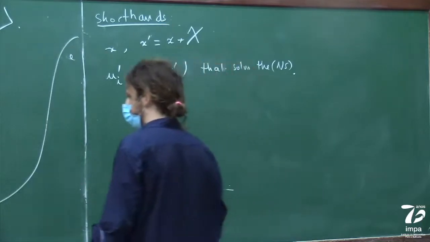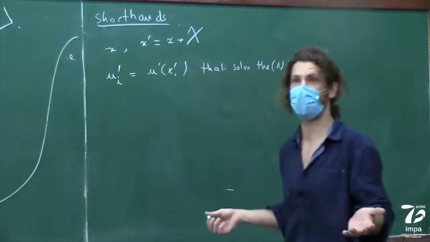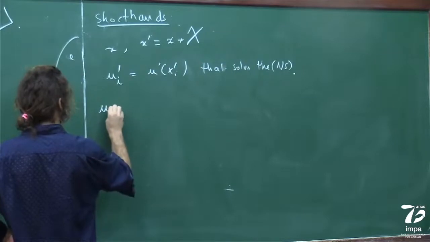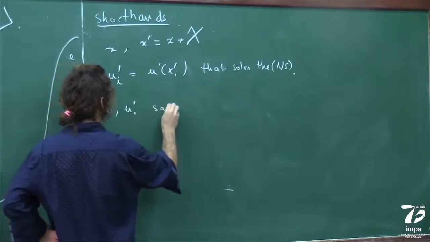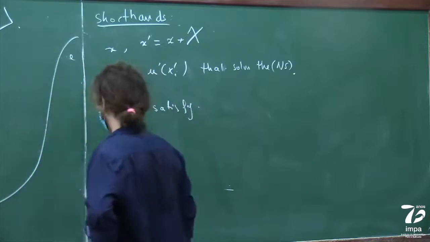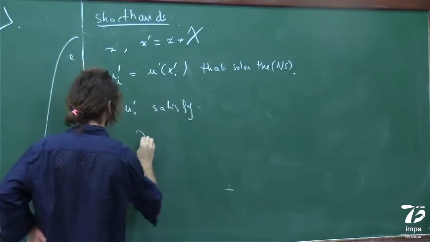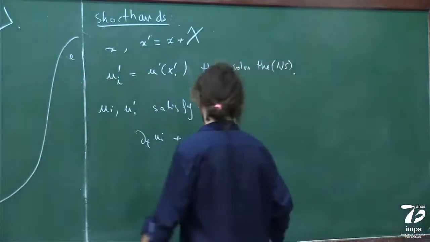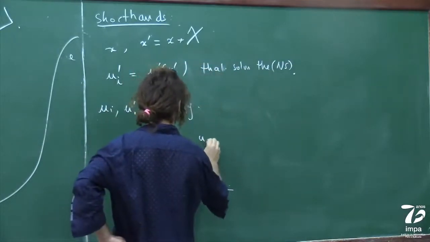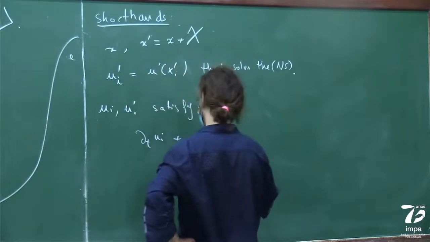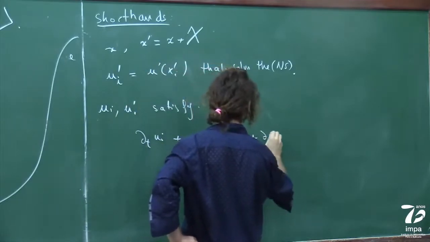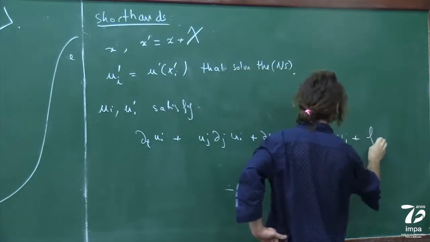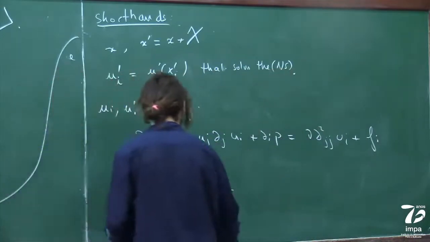And so the starting point is just to write down the equation which is satisfied by both. u_a and u prime_a satisfy the Navier-Stokes equation, which is, for u_a, and I'm using Einstein notation here to be able to make some computation: u_j ∂_j u_i plus ∂_i p equals nu ∂_jj u_i plus f_i. So this is for u.